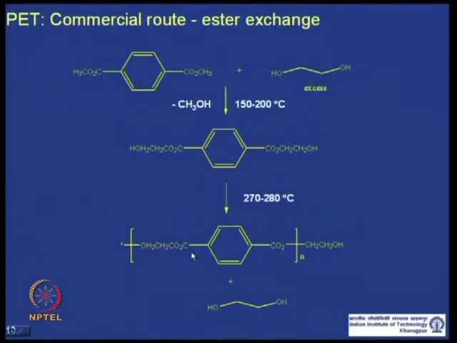Another way of making PET is, instead of taking dimethyl terephthalate, you can start with terephthalic acid and make first this and then follow the same process. So, this is the commercial route of synthesis of polyethylene terephthalate, and these are the trade names under which polyethylene terephthalate is sold in the market.